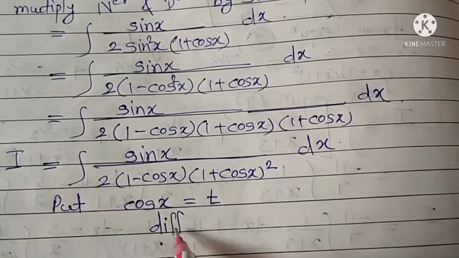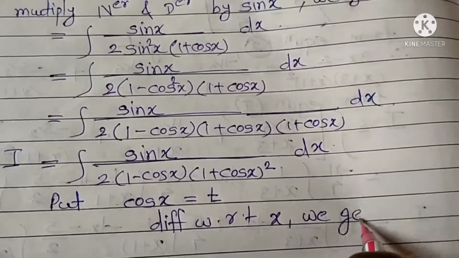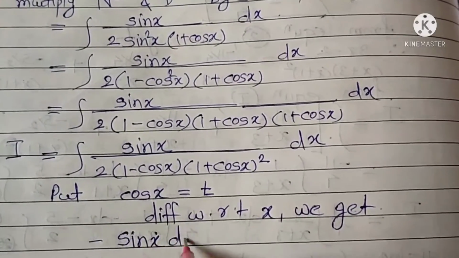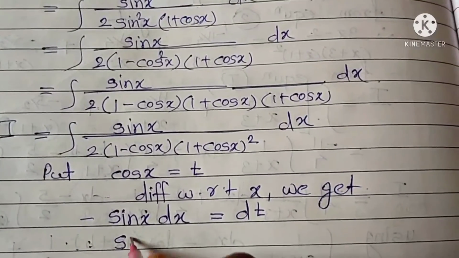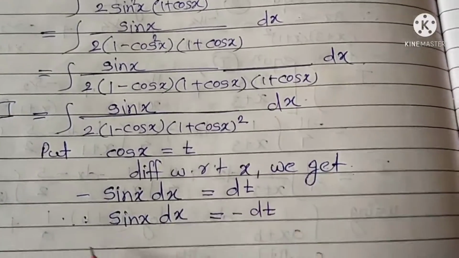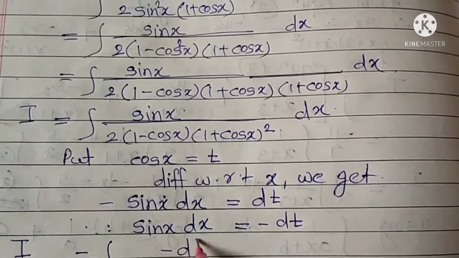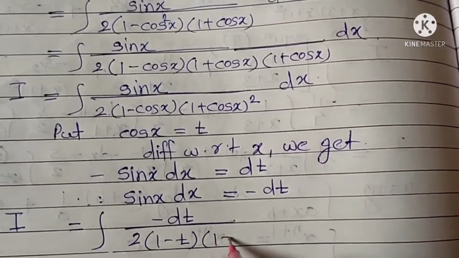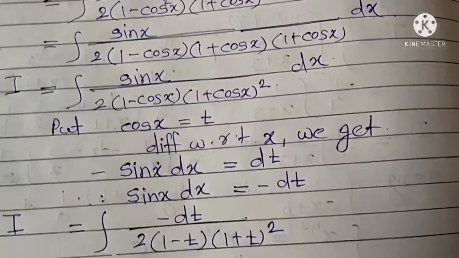So differentiate with respect to x, we get differentiation of cos x is -sin x dx, which is equal to dt. So therefore sin x dx is equal to -dt. So I will become integration of -dt upon 2(1 - t), and this is (1 + t) square, because instead of cos x we put here t.